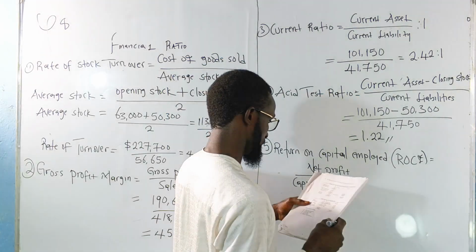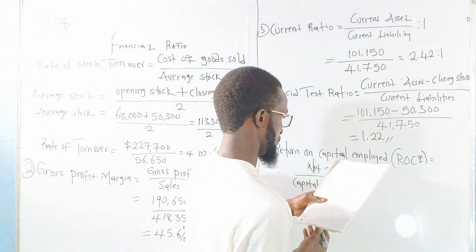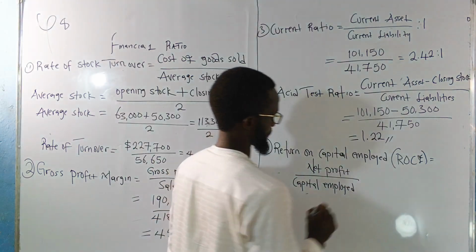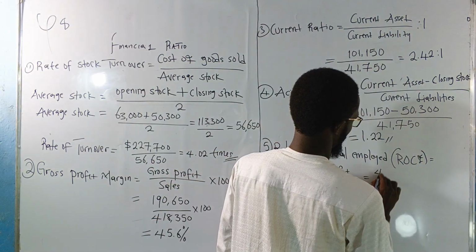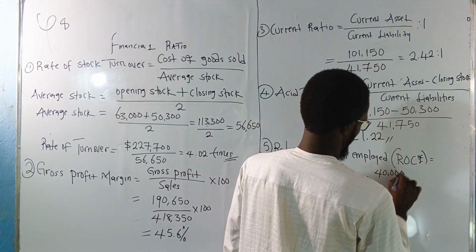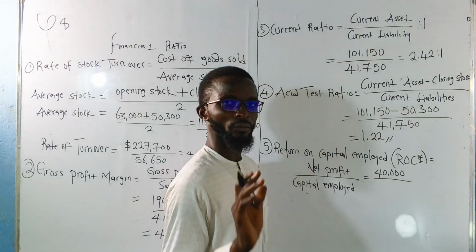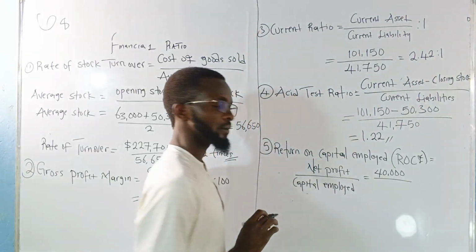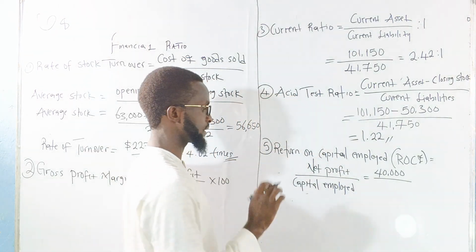We have our net profit here, 40,000. Capital employed is equal to total assets minus current liabilities.